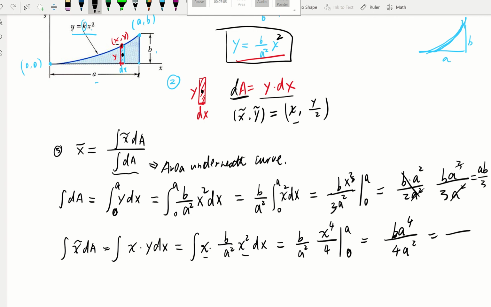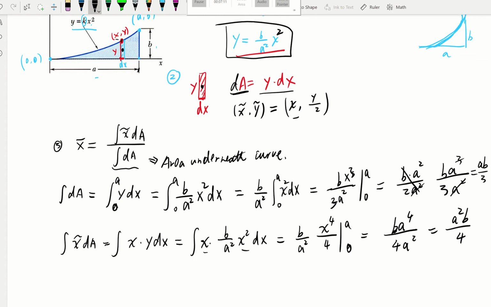Then what do we have? It's going to be a squared b over 4. So knowing that, we can find our x bar. X bar will be this integral of x tilde dA, a squared b over 4, over our area of this parabola. This is area, basically.